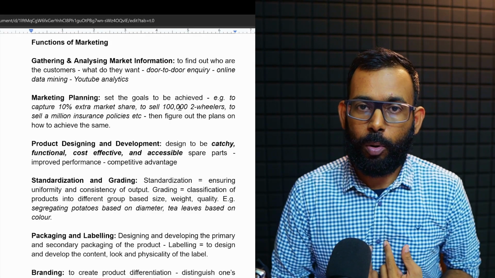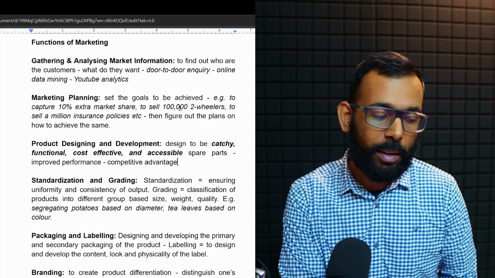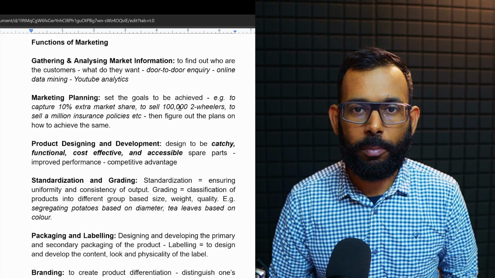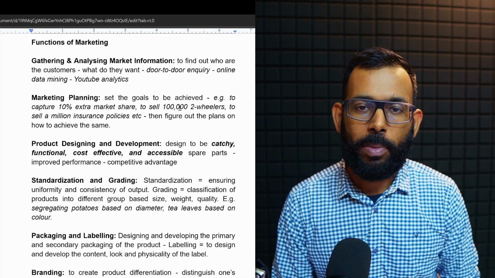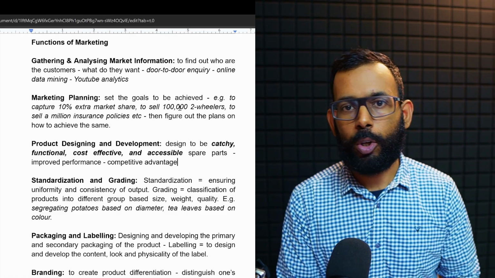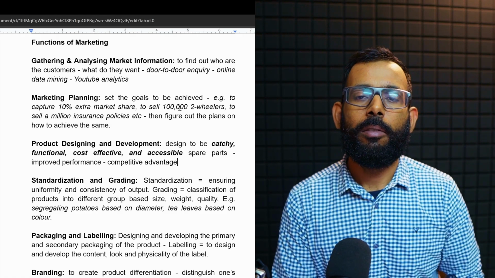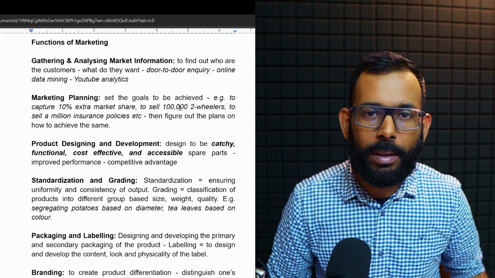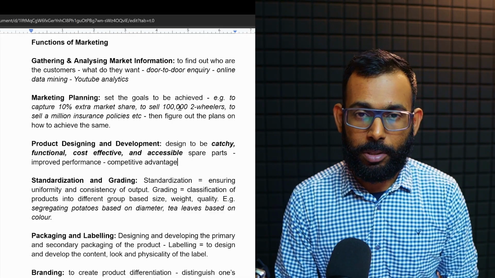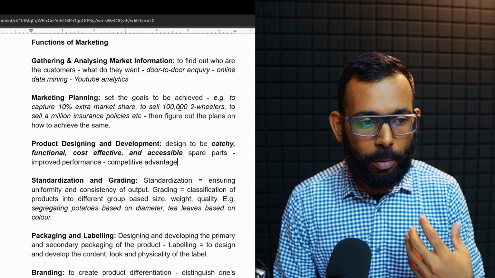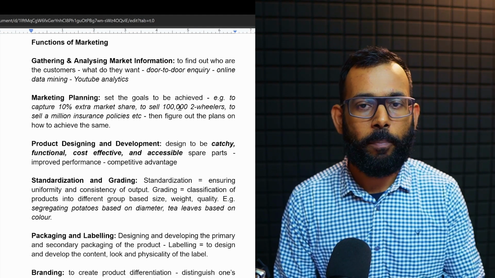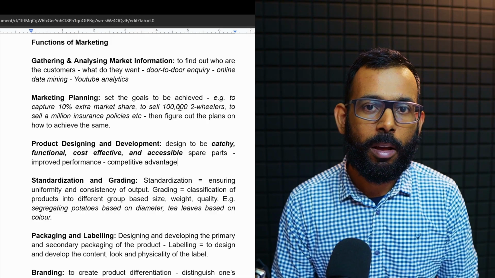So if I am Rode and if I make a product extremely cost effective, my profit is definitely going to be high on the units that I sell. The more I keep my design complicated, the more spare parts will be there. And when unnecessary things are being added to the product just because they look fancy, just because they look catchy, I will have the product cost getting spiked up unnecessarily, and then ultimately it will eat my profits.